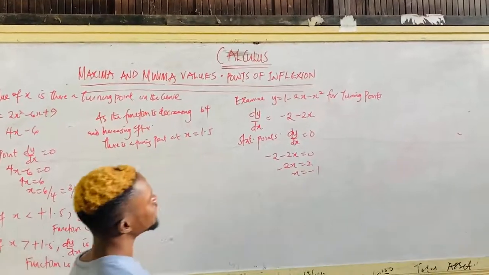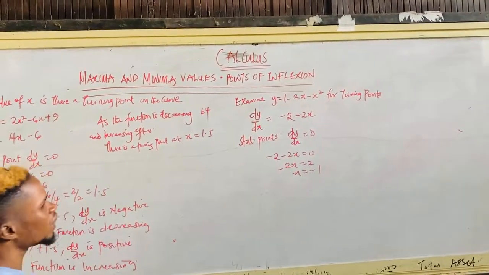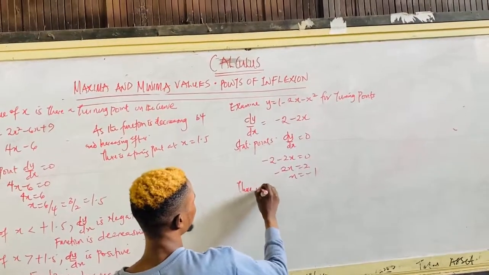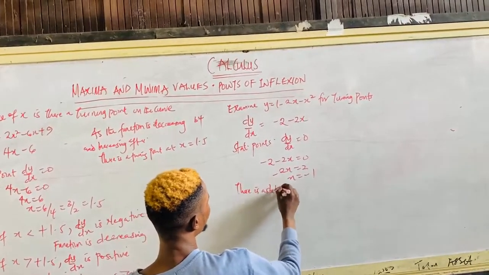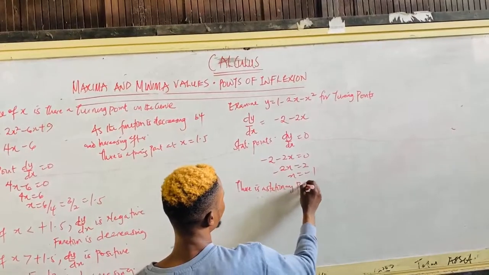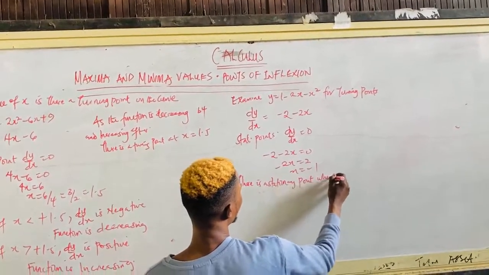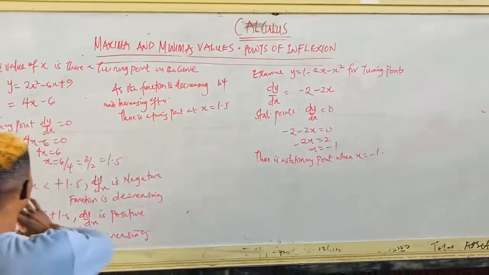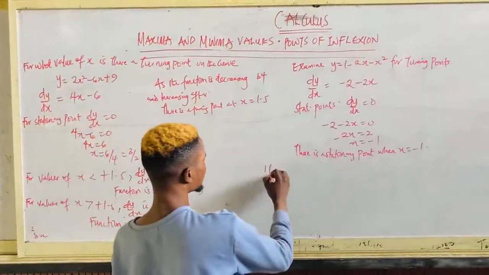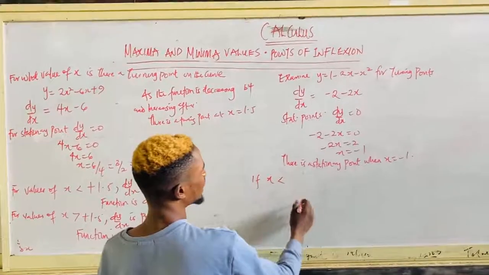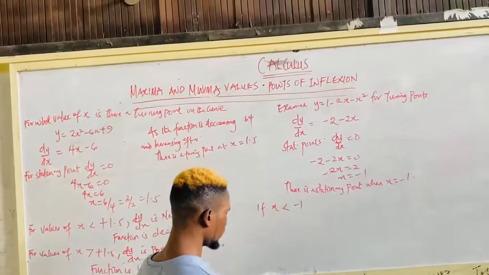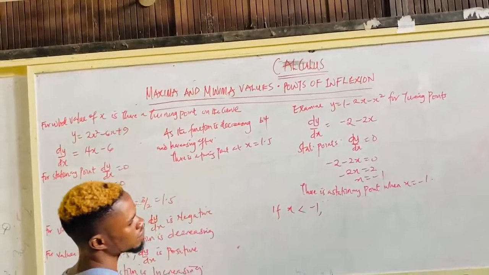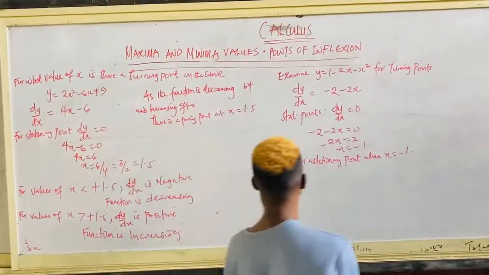So that means there is a stationary point when x is equal to minus 1. Now let's find the values. If x is less than minus 1, let's say minus 2, so minus 2 is less than minus 1.